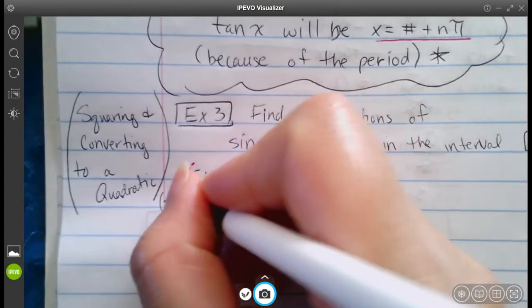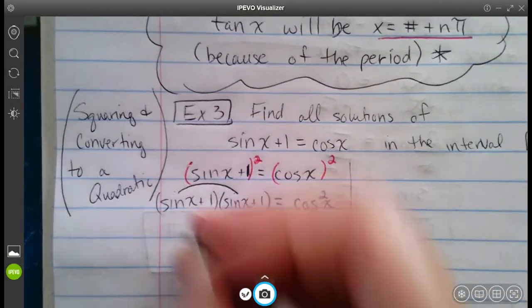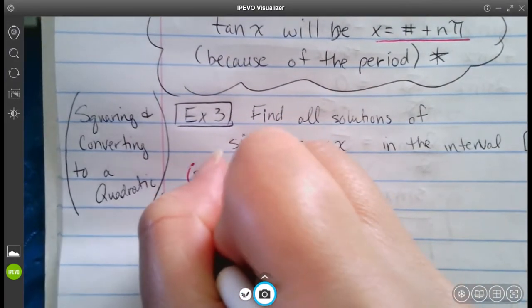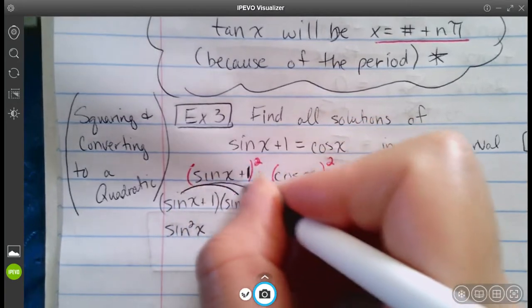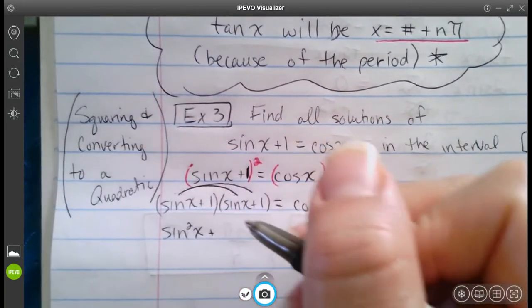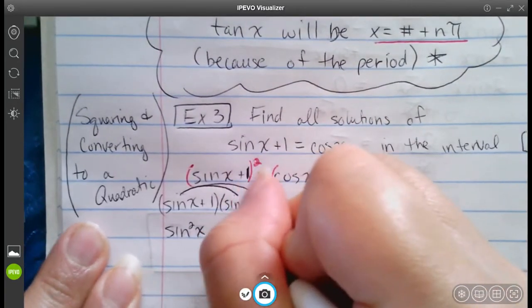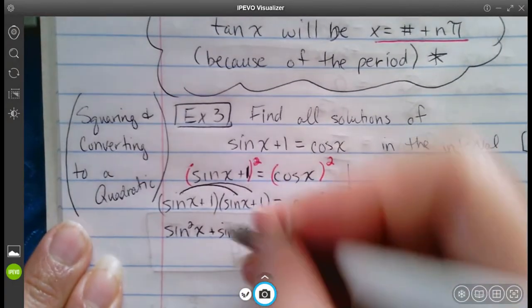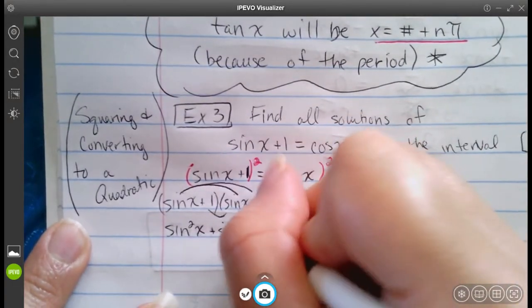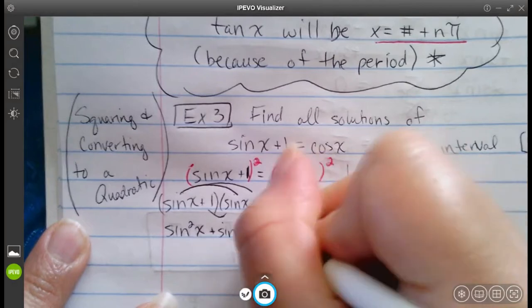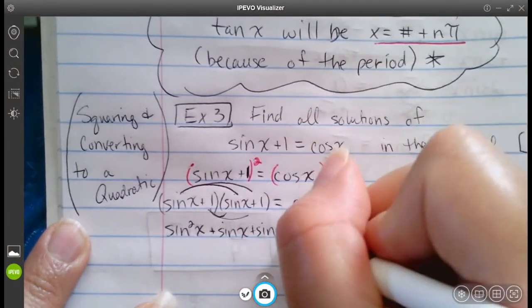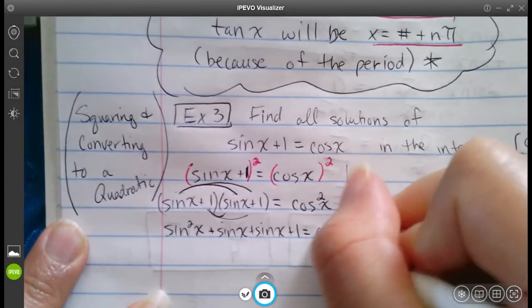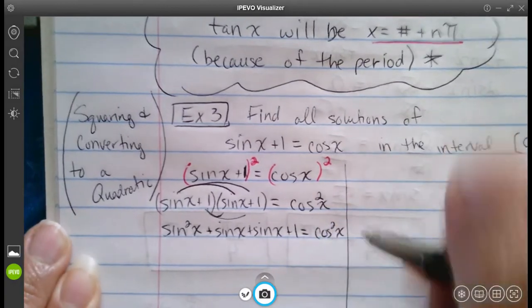So do not overthink it. Sine x times sine x is sine squared x. Then we have the outer term, so we're going to have plus 1 sine x, or just sine x. The inside, so another sine x. And then the last, 1 times 1. So plus 1, all equal to cosine squared x.